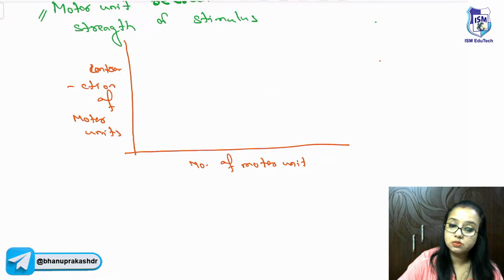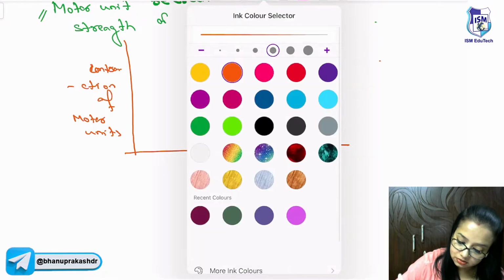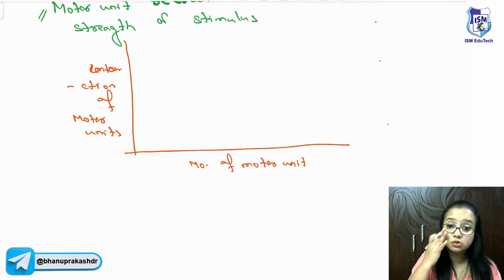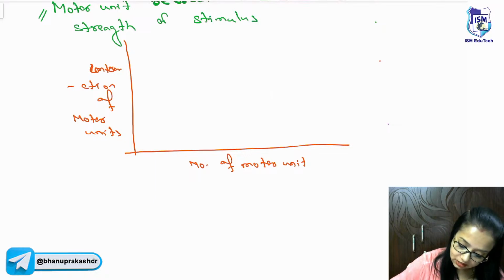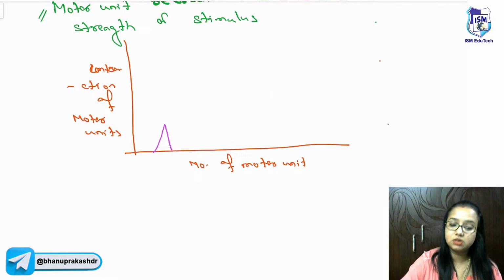So on the lower stimulus, when the stimulus is less strong, it will be seen that only some motor units, the smaller motor units, are contracted, are recruited. The others are not contracted.